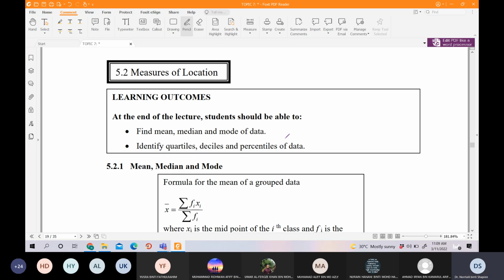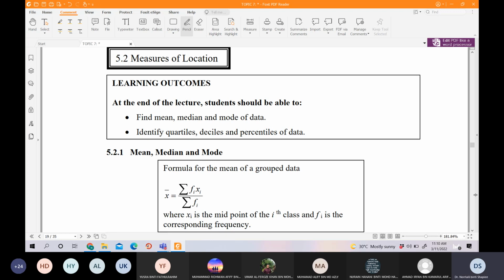No? Okay, so we proceed to the measures of location. Find the mean, median, and mode of the data, and the different quartiles, deciles, and percentiles of the data. Why do we need to learn mean, median, mode, quartile, decile, and percentile again? We have already learned all of this. Who has to learn again? Munir Ahmadi, why do we need to learn again the median, mode, mean, quartile, decile, and percentile?